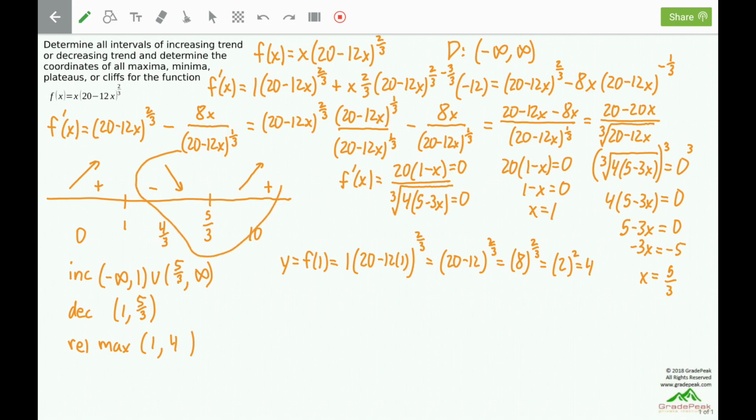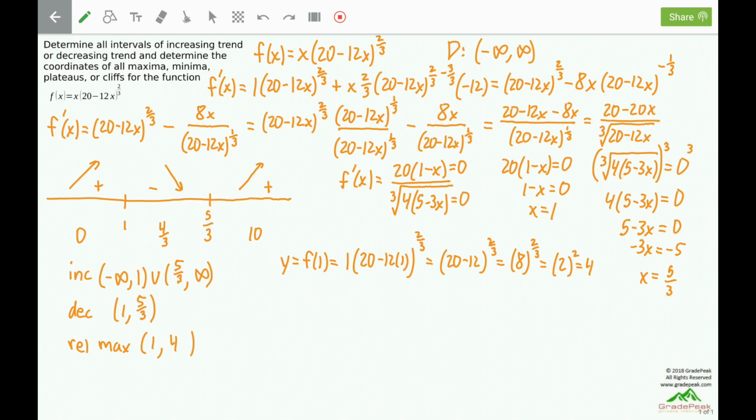Right at the critical number of 5/3, we have a trend change from decreasing to increasing. That makes 5/3 a relative min. 5/3 came from the denominator of the first derivative, and therefore it's not a normal relative minimum.